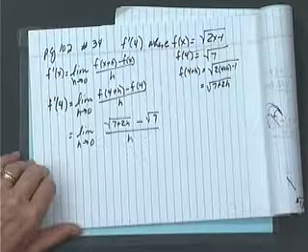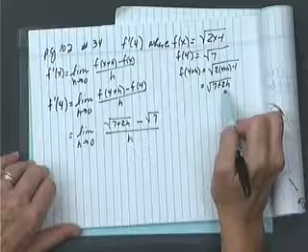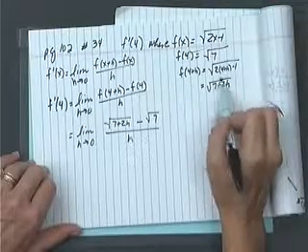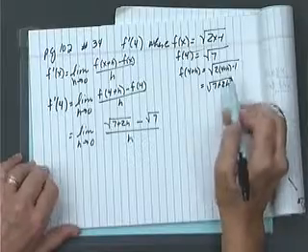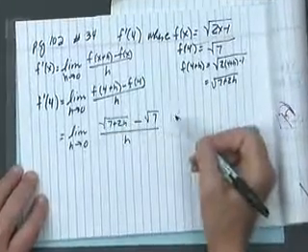Everybody good so far? Everybody knows where the 2h came from, correct? 2 times 4 is 8. 8 minus 1 was 7 times 2h. All right, so we're ready to take a limit.